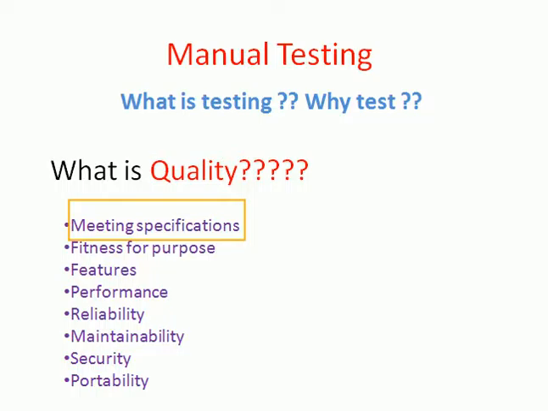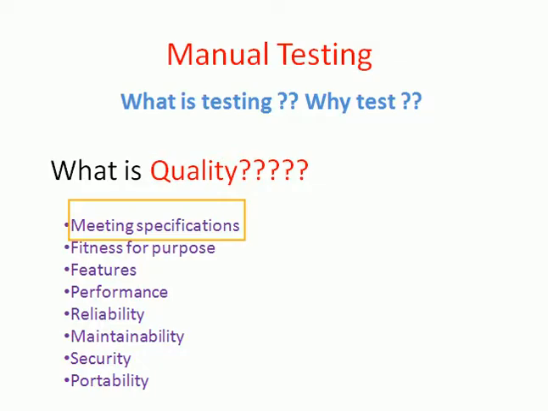That email address uniquely identifies that particular user. The user is able to read emails sent to this email address. The user is also able to write an email and send it to another email address, to one or more addresses. So all these are specifications. So quality means how the system is meeting the specification.